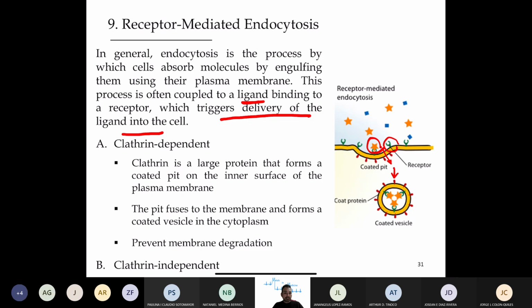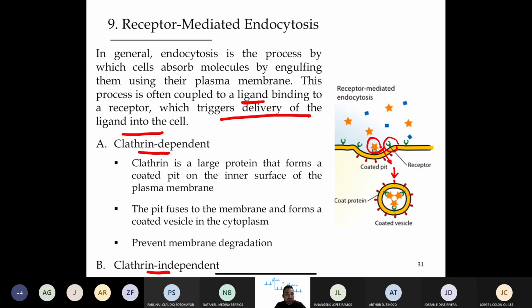So this can fall into two categories, one which is clathrin dependent and one which is clathrin independent. The clathrin dependent process involves trying to preserve the receptor that is actually facilitating the movement of the substrate.